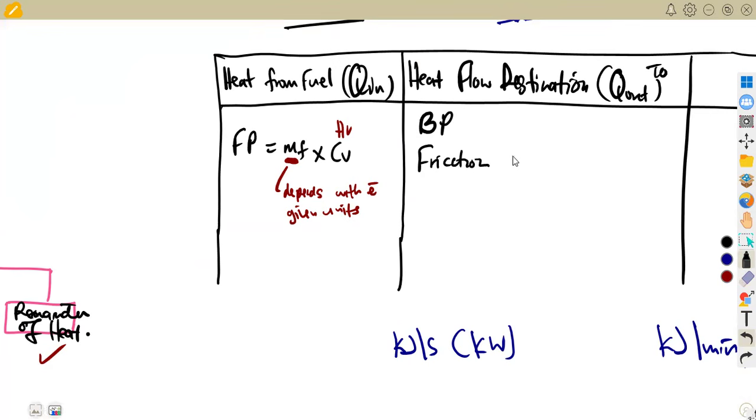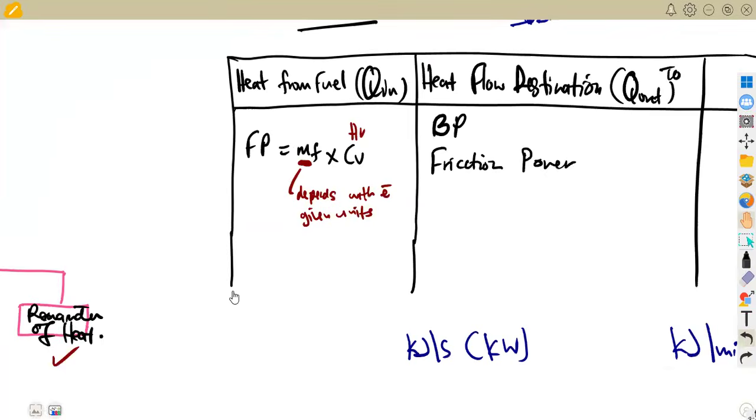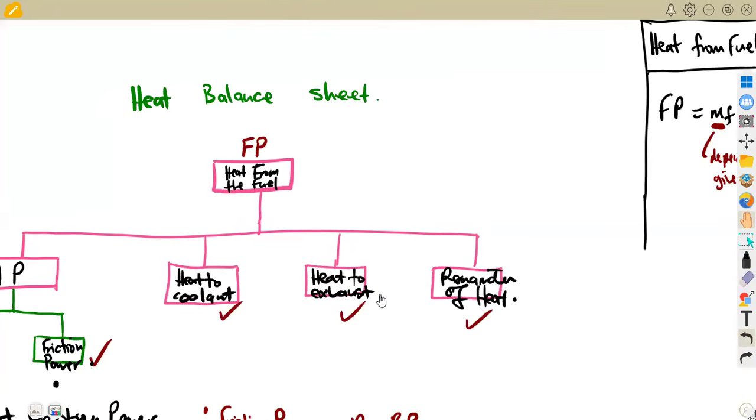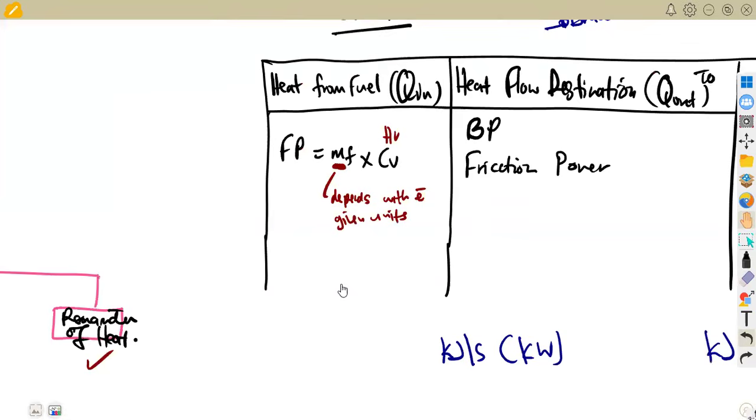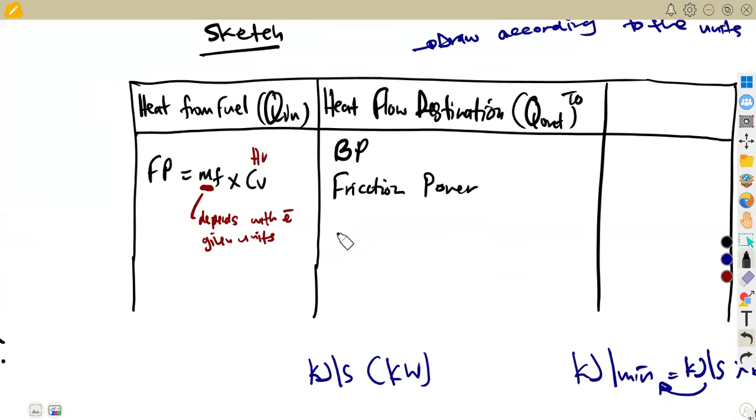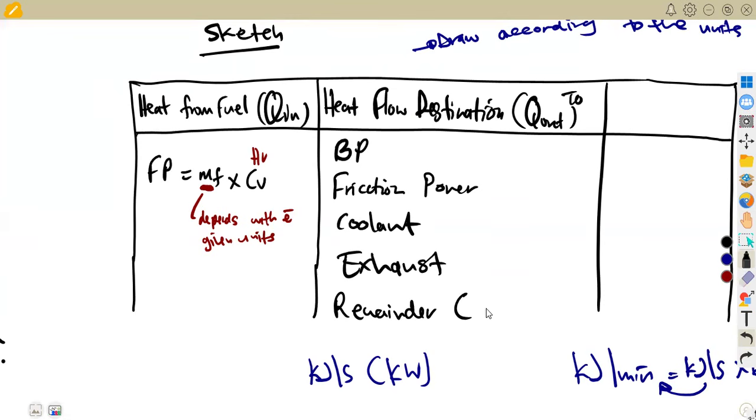Then from there we have the heat taken to the coolant and to the exhaust. And the last one is the remainder of the heat. This remainder is found by difference. What do I mean by difference?